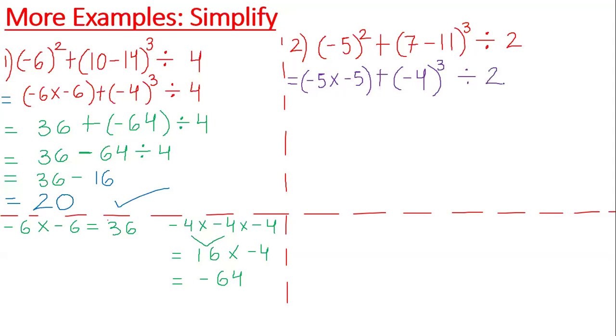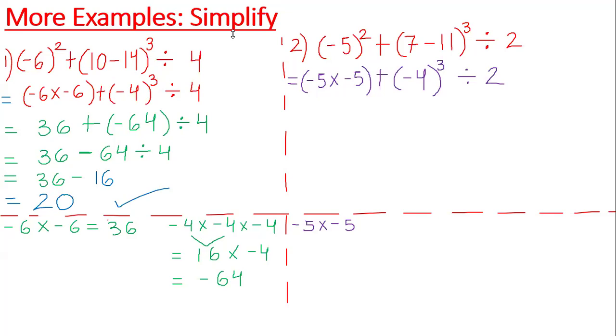At this point, what do we do? 5 times 5 is 25. So we do negative 5 times negative 5, which gives us what? 25.